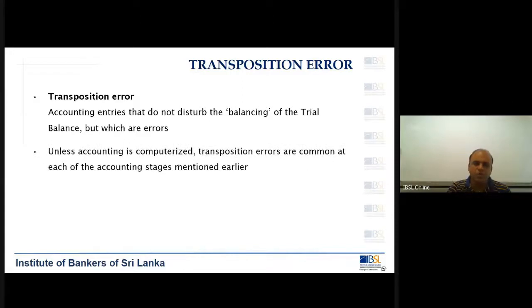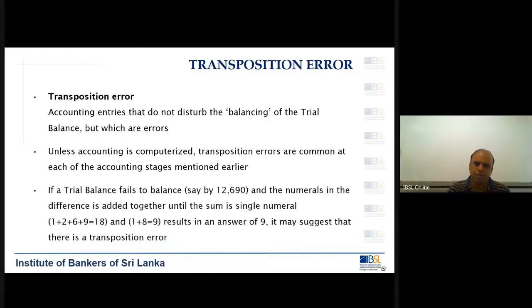If the accounting function is not computerized, transposition errors are very common at each of the accounting stages mentioned earlier. And if a trial balance fails to balance, the numerals in the difference will point to such an error.